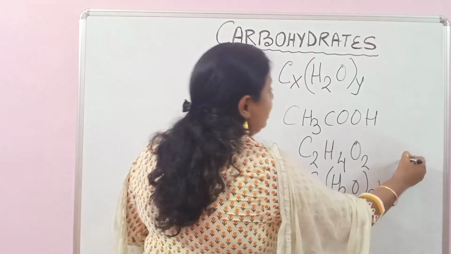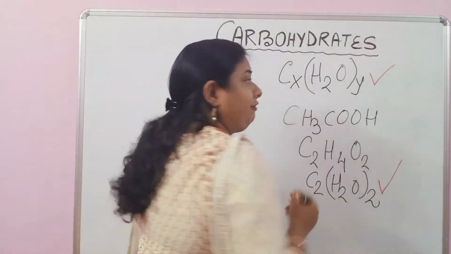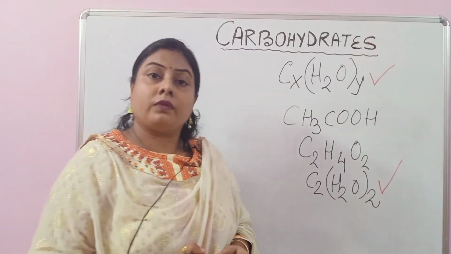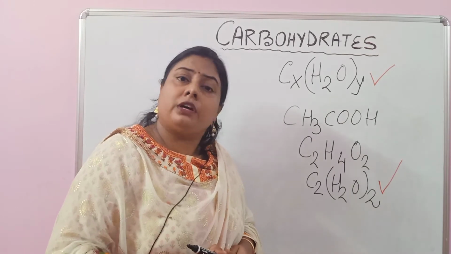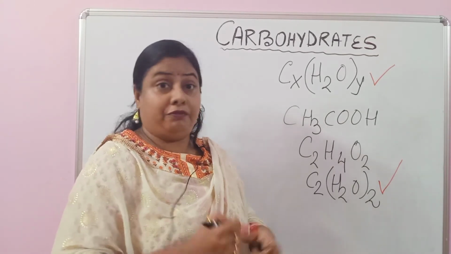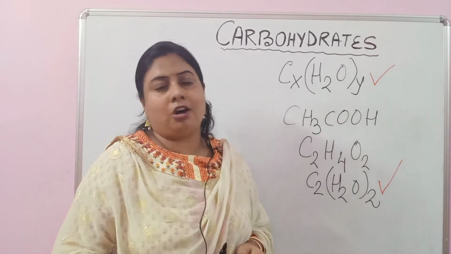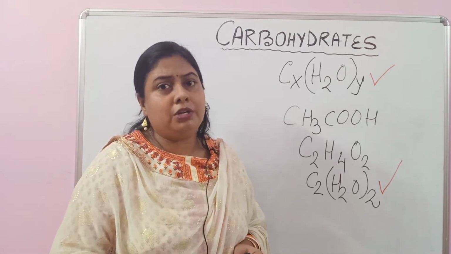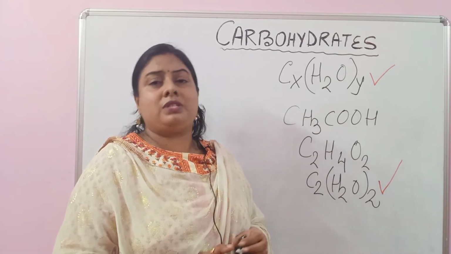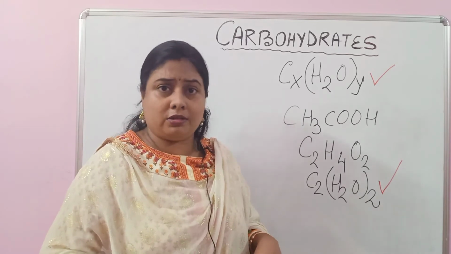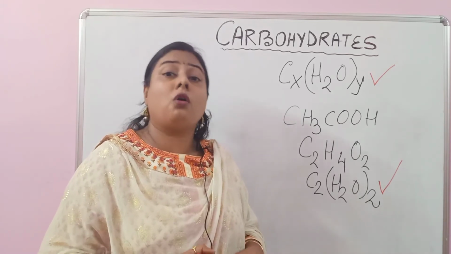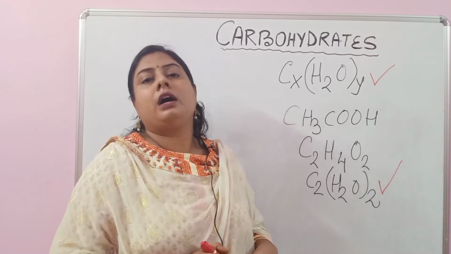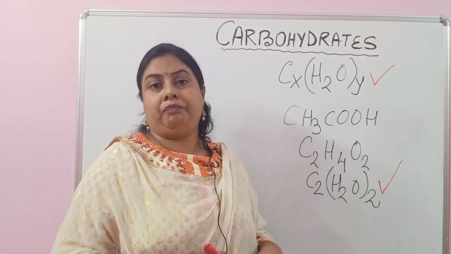This fits into the definition of the hydrates of carbon. But we know acetic acid is not a carbohydrate. So, though the name says it is hydrates of carbon, not all the carbohydrates are hydrates of carbon.